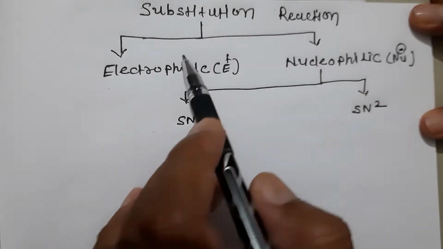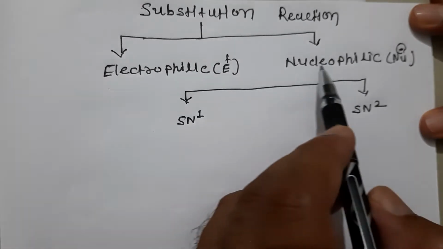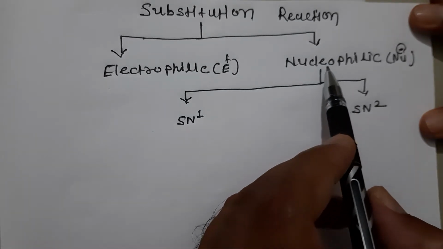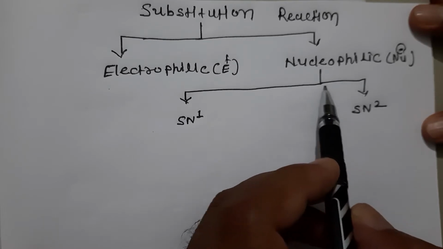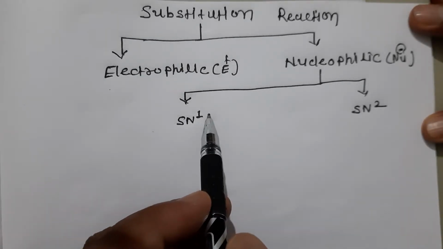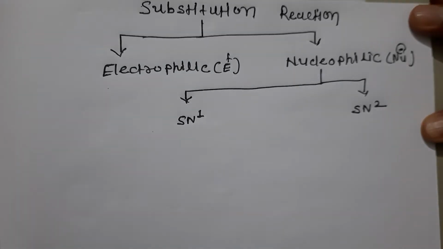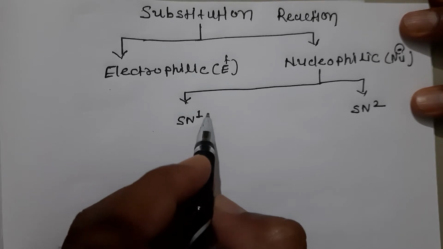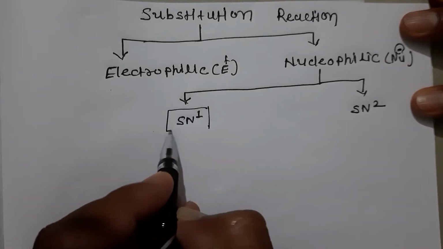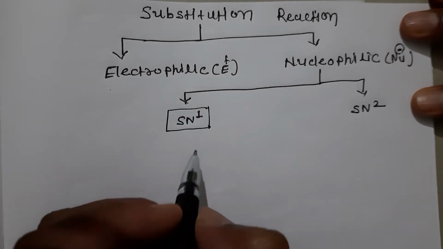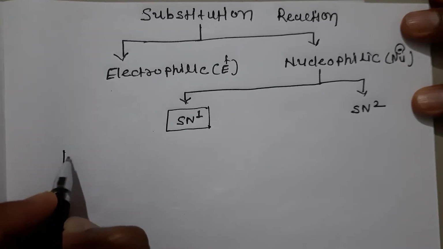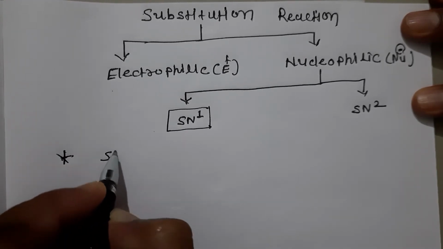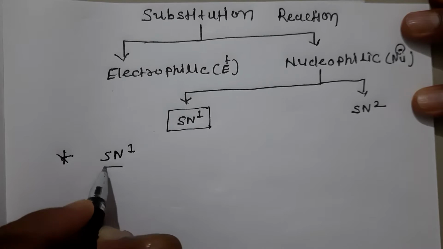There are generally two types, electrophilic and nucleophilic, and nucleophilic substitution reaction is further classified as SN1 and SN2 reaction. In this video we will particularly discuss the SN1 reaction, and we will write it in detail.